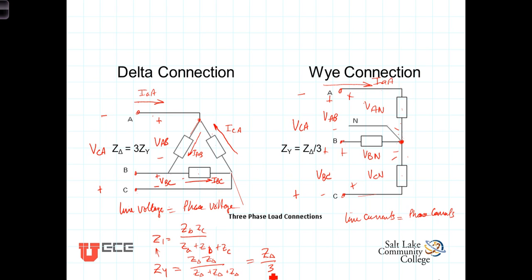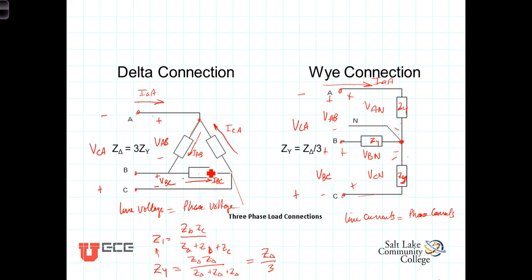Thus, when you're taking a delta-connected load and want to convert it to a Y connection, the individual Z sub Y's, of which there are 3, one for each phase, each of these will equal 1/3 of the delta-connected load.